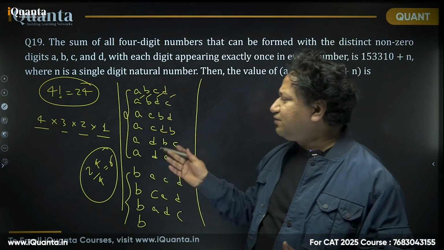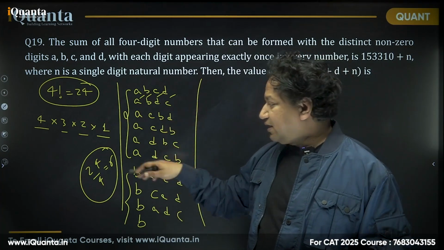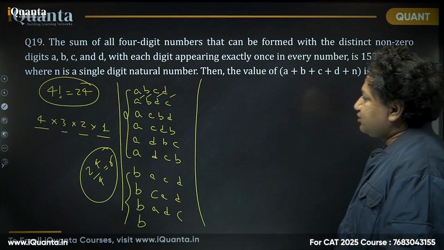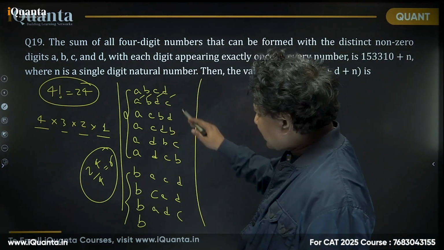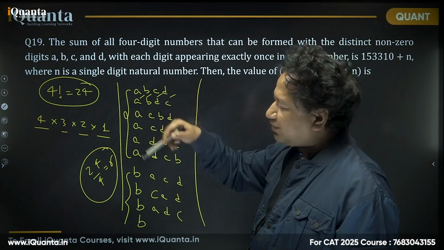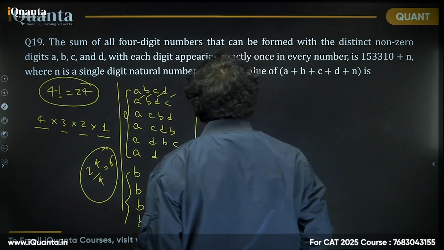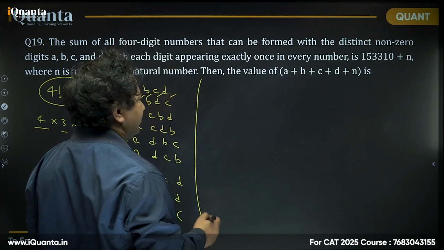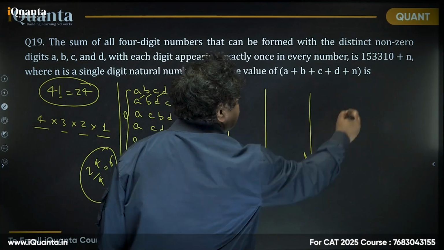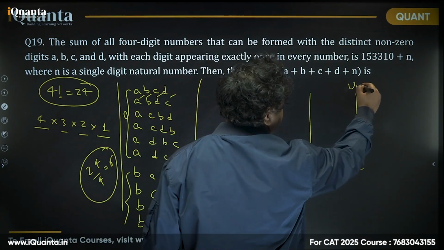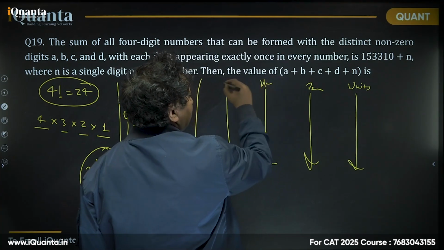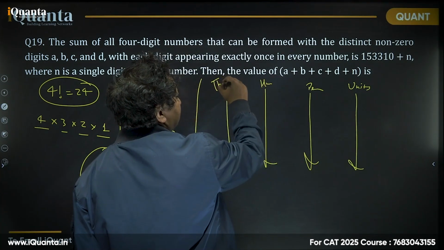So there are 2 ways to analyze that. One is by observation, the other is by mathematical convention. Okay, 6 times. Now if I add all of it, how do people add? They add the units position, then if there is a carry forward, they go to the second one and so on. So we will have 4 different spaces for all the units positions, all the tens positions, all the hundreds positions, all the thousands positions.